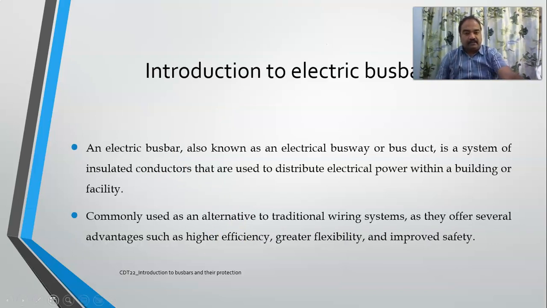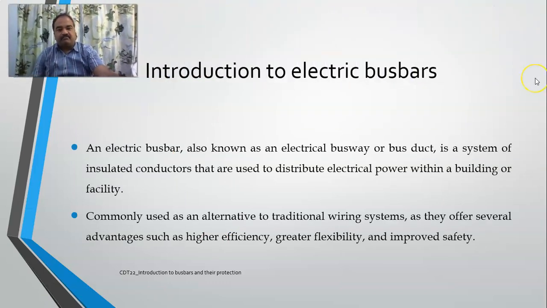Now coming to the introduction part, why do we require busbars? An electric busbar is basically just like a bus duct, or an electrical busway, which is a system of insulated conductors. These are exclusively used in distribution systems, particularly for distributing electric power within a building or a facility.